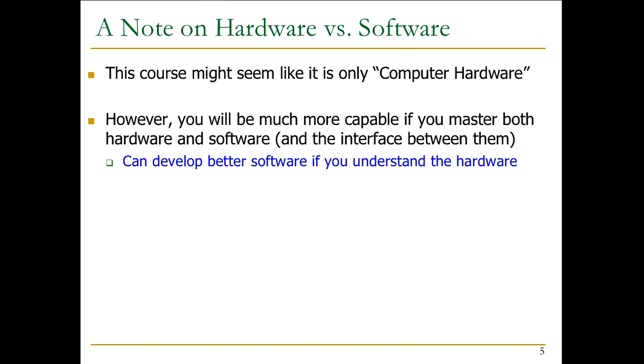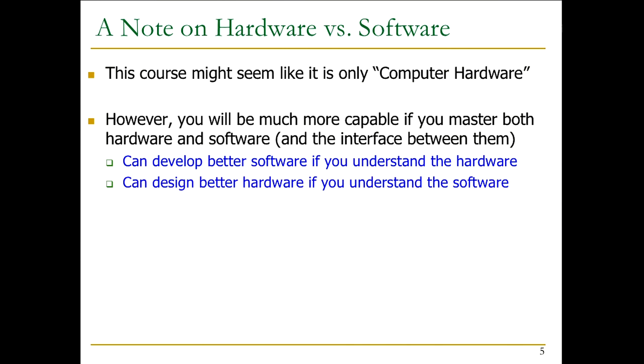Okay, and you can develop better software if you understand the hardware. Even if you're not designing hardware, you can develop much better software if you understand it. And hopefully this will be clear in some of the examples that we give today, later in caches, for example. And also you can design better hardware if you understand the software. It goes both ways. If you understand what requirements the software has, you can design it much better, what bottlenecks it exercises.